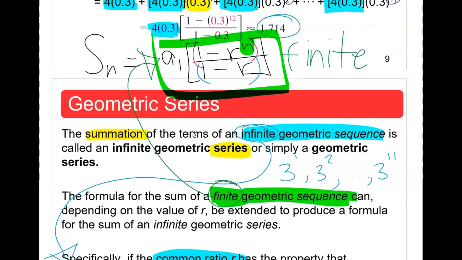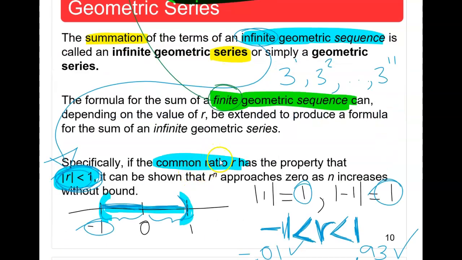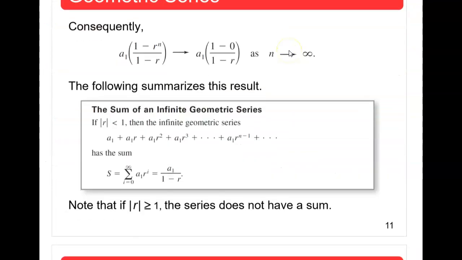If that n gets larger and larger, because that's the idea of infinite, approaching infinity, as you can see here, that's what the arrow notation means, then the number here is going to approach 0.